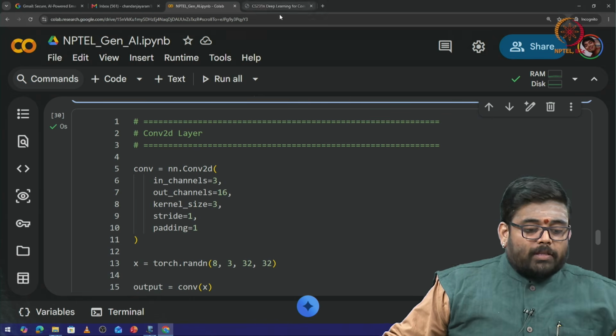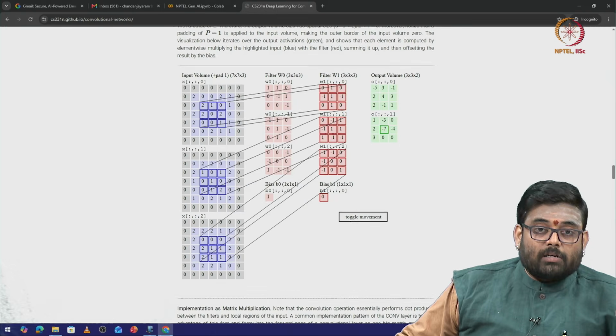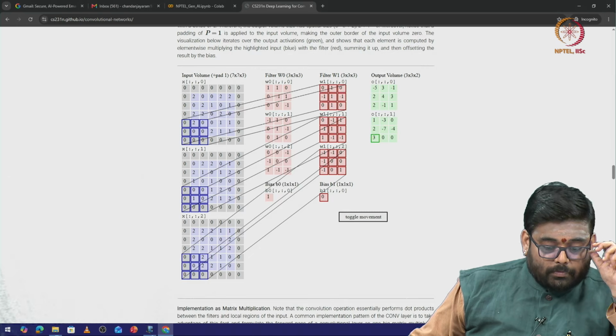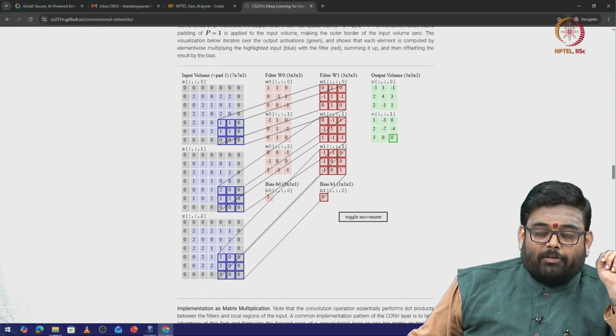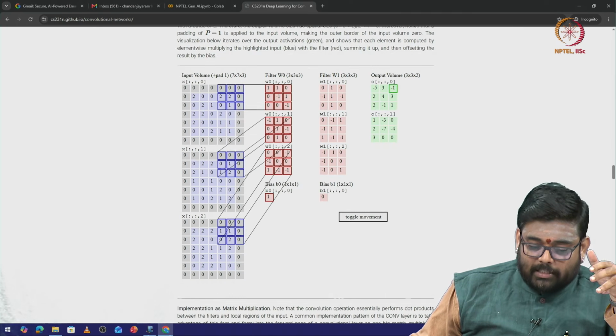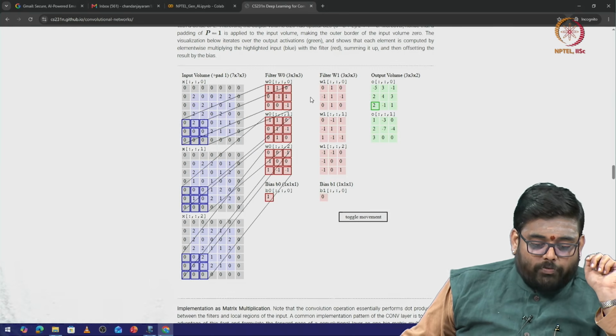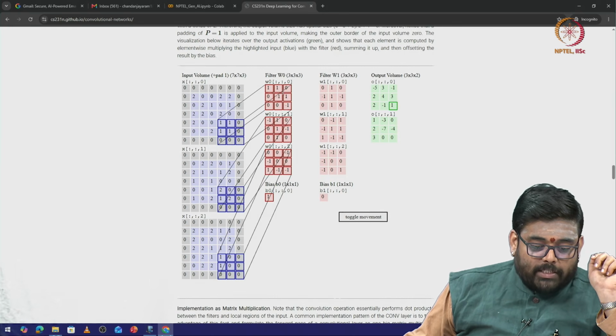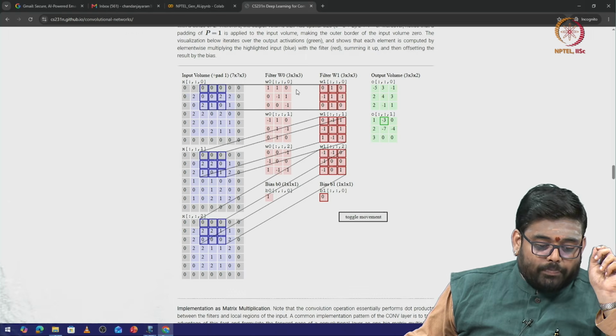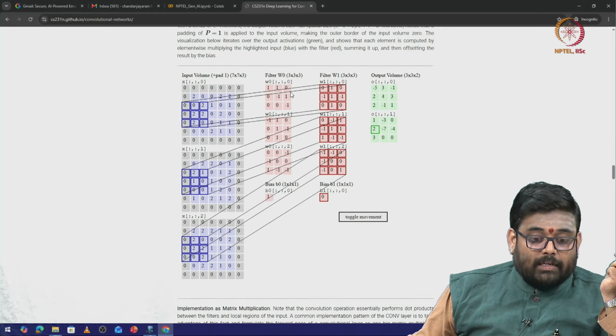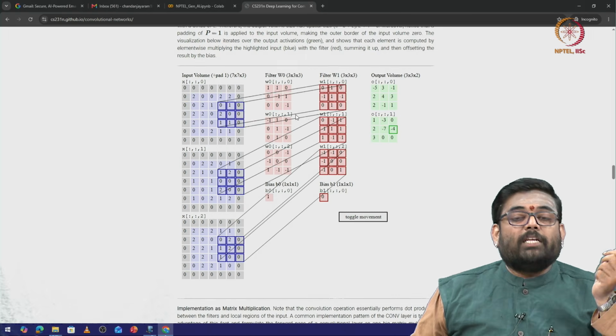Before that, let us go into a very nice GIF from the Stanford CS231 website. Here we can see that there are two filters, and each filter has 3 components. Why does each filter have 3 components?